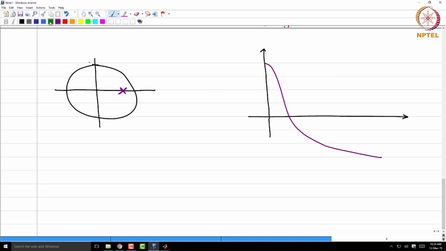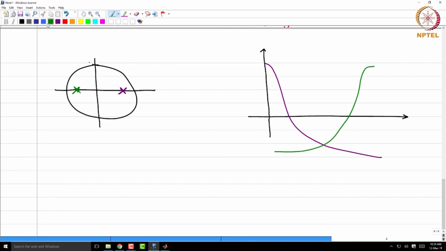On the other hand, if you had the pole here, you can expect the gain to be maximum when you are at omega equal to pi, and you can expect the gain to be minimum when you are at omega equal to 0, and hence if the pole were here, you can expect the frequency response to be like this.